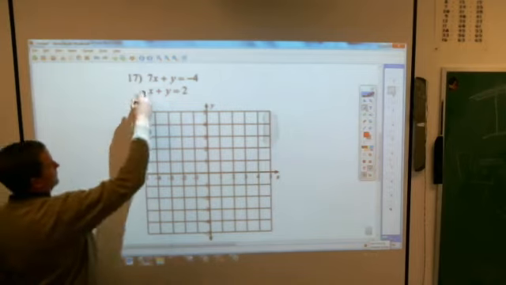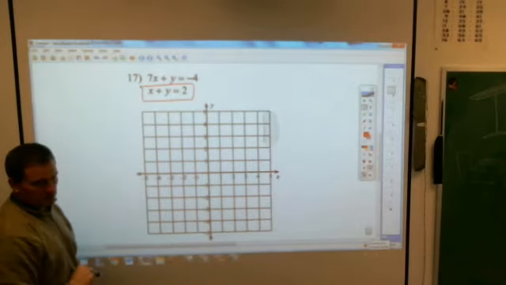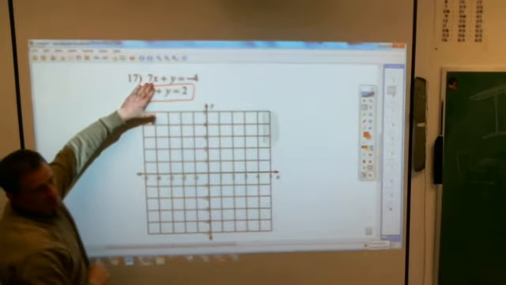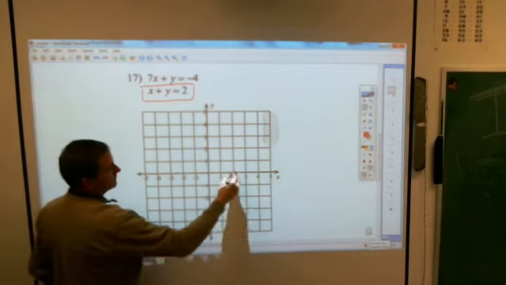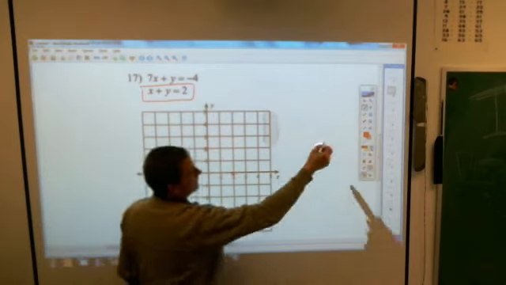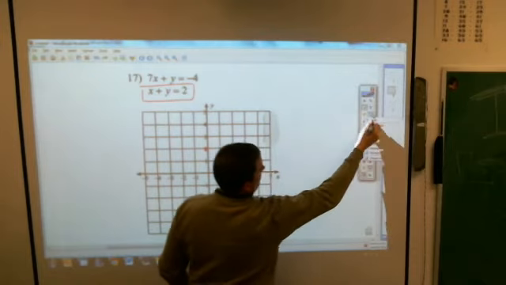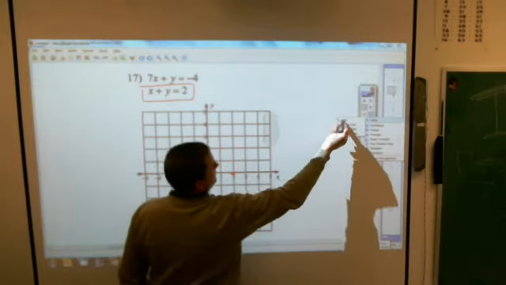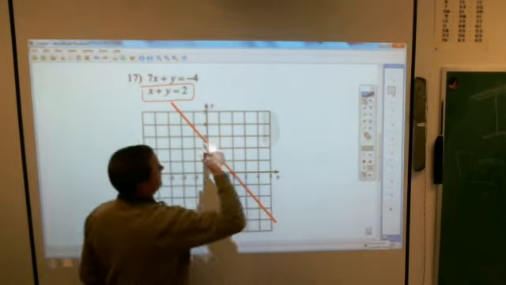Okay, this one is really easy to solve by x, y intercepts, right? Because the y-intercept is 2, the x-intercept is 2, right? So bam, x, y. I'm going to really draw a straight line because if I don't, I'm not going to get it. So I get this thing here.